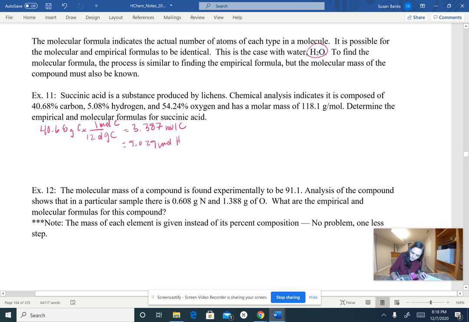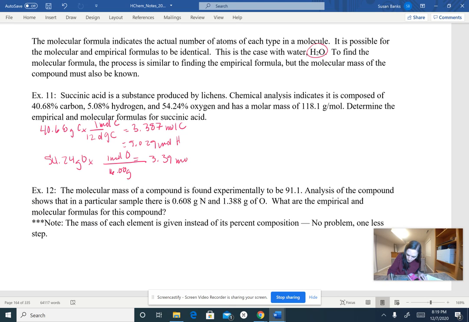So I have 54.24 grams of oxygen, and 1 mole of oxygen is 16.00 grams. So 54.24 divided by 16 gives me 3.39 moles of oxygen.